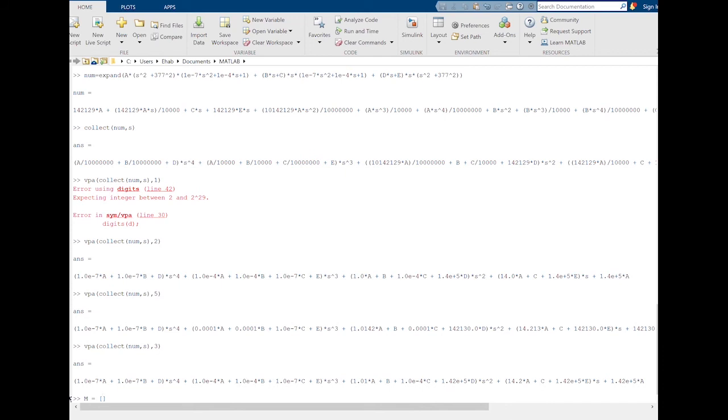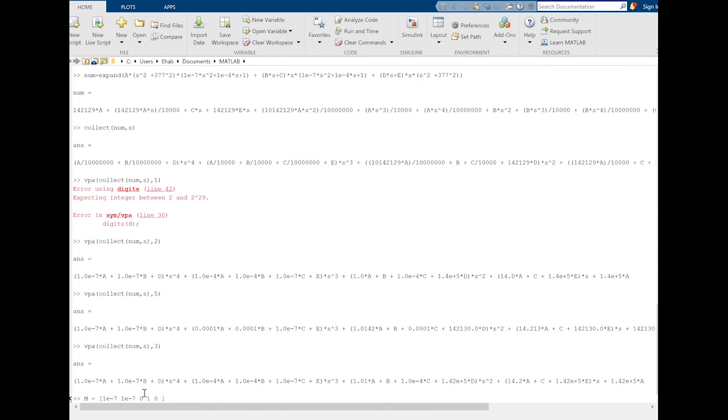Going through A, B, C, D, and E, I'm going to start with 1E minus 7, which is what A is multiplied with, and then another 1E minus 7. There is no C here, so I'm going to have 0. Then D is 1, and then E is 0.